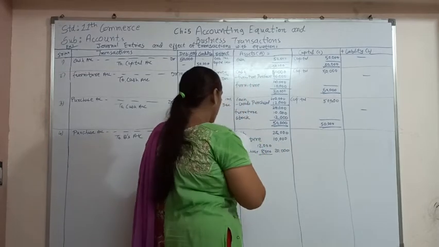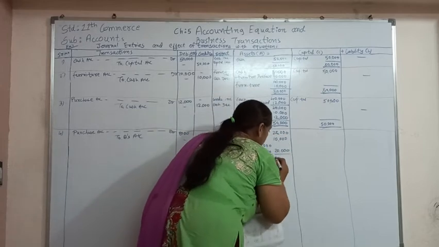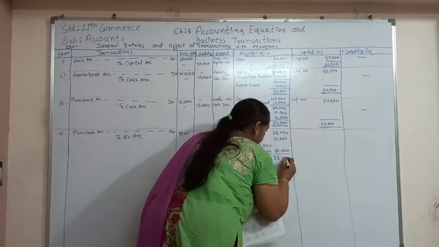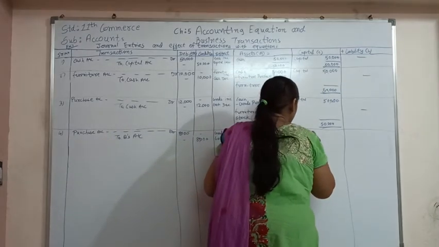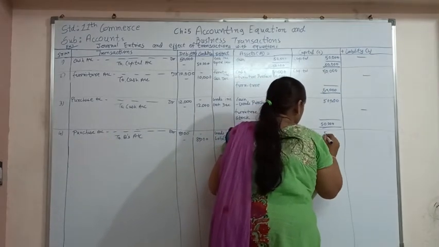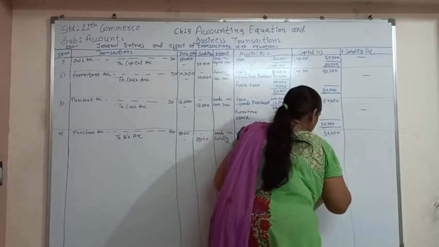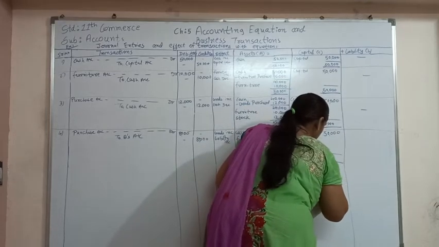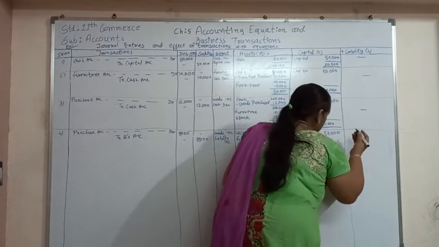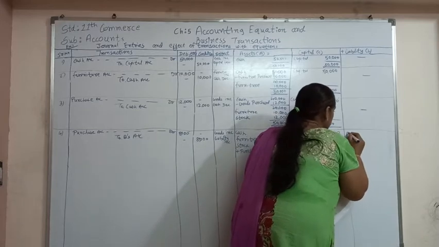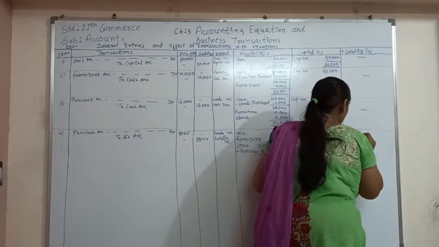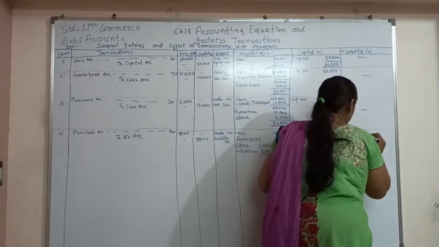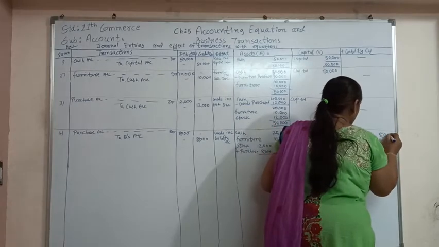So here total of this will be 58,000, and here it is capital of rupees 50,000, and we can see that on the liability side, B's liability is of rupees 8,000.